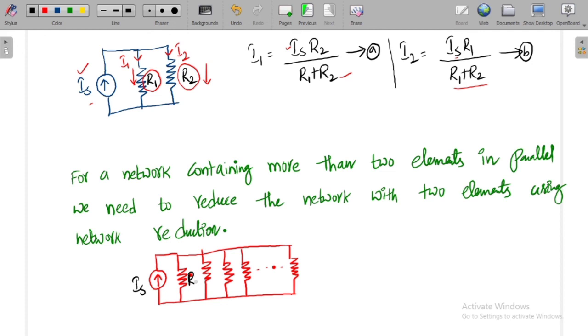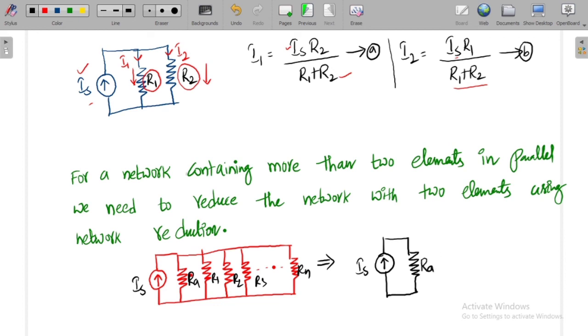For example, I have a number of resistors, where the first resistor is Ra and the remaining n resistors are there. I want to know the current through Ra. What I can do is reduce this circuit into a simple circuit which contains only two resistors.